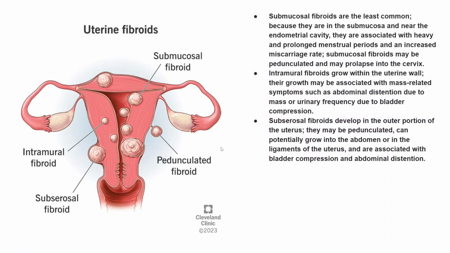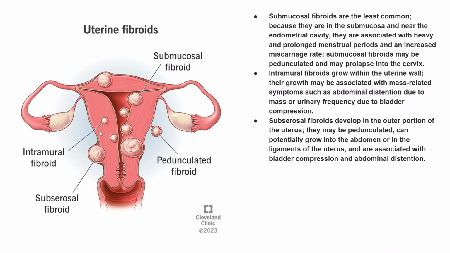Then intramural fibroids are those below the mucosa but within the myometrium, and they usually grow within the uterine wall. They present with a mass effect where the abdomen may become distended, and patients may have urinary frequency due to bladder compression.